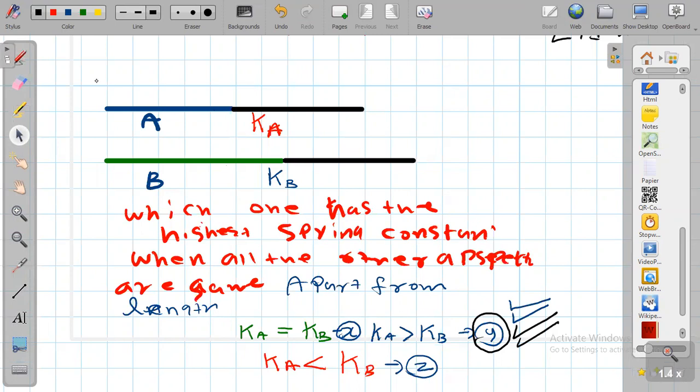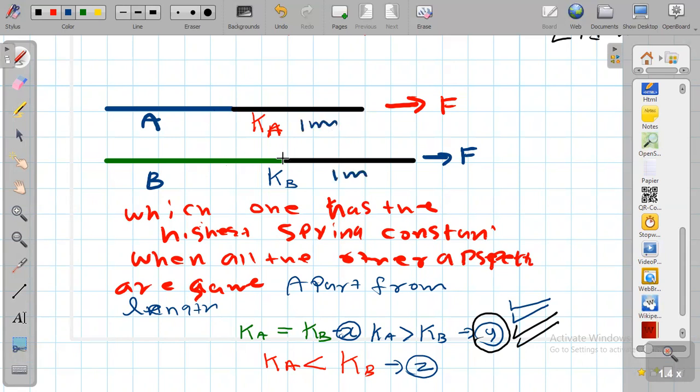In which one do you need more force to extend? That's the logic. A, because it's naturally really short, and you have to make it extend by 1 meter.